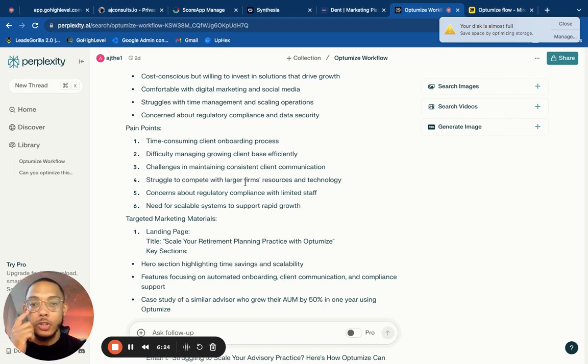Struggle to compete with larger firms, resources, and technologies. Why? Because they're so busy doing their job. They don't have the time to come in and try to innovate to get to that next level. That's why they're hiring us, or hiring you, to become that person for them to say, hey, here's the gaps that you have.